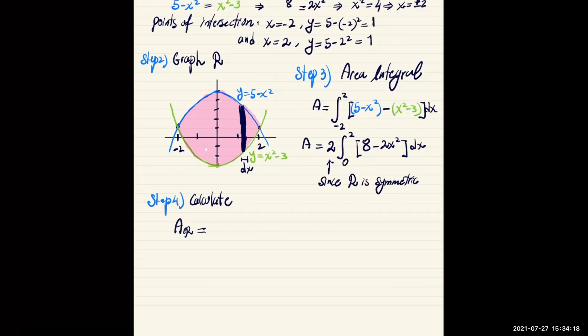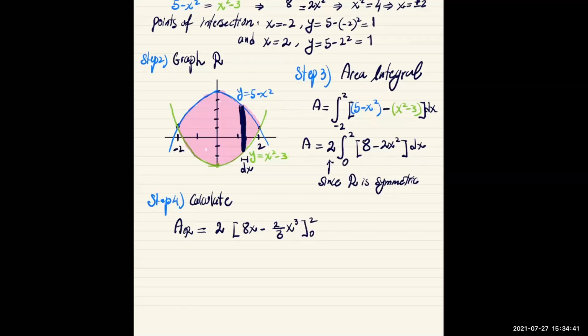So let's calculate the integral. We have the 2 sitting in front. That 2, just leave it out. Find the antiderivative. Antiderivative of 8 is 8x, minus the antiderivative of 2x squared, which is 2/3 x cubed, running from 0 to 2.